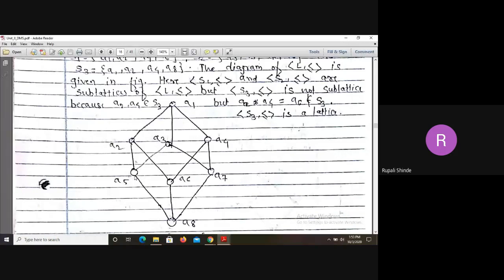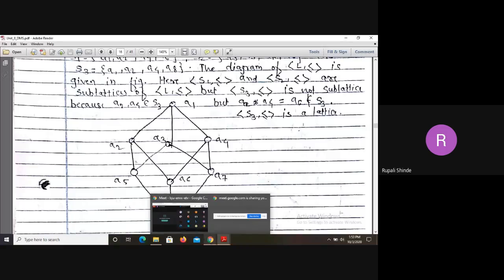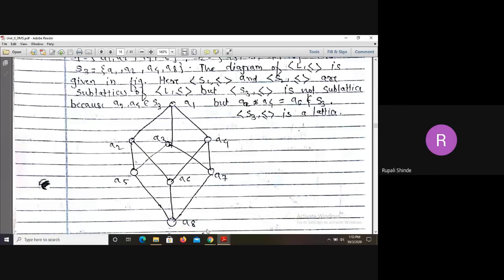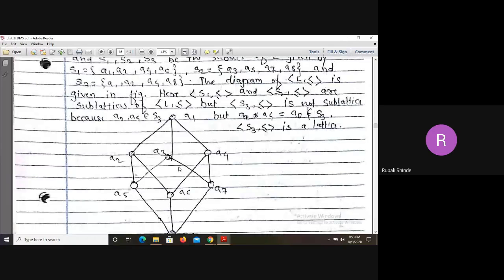Okay. If you consider the pair A5 and A7, what is the greatest lower bound here? A8. And the least upper bound? A3. Okay. Now check whether A3, A8 are part of S2.